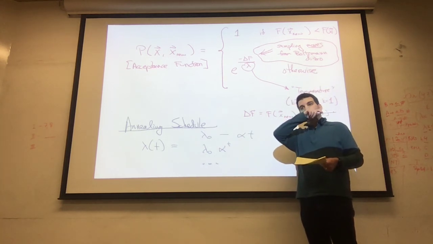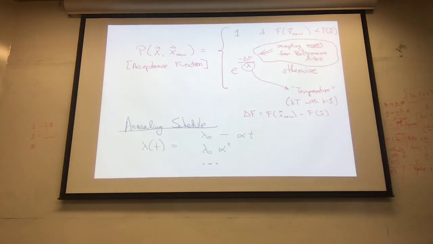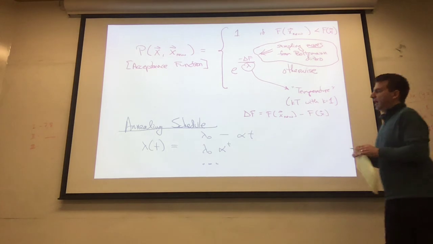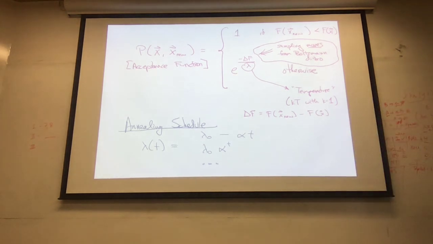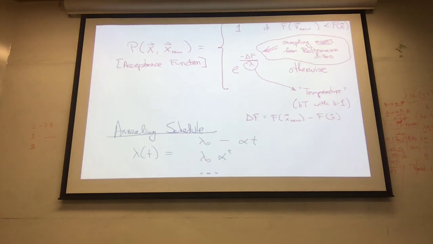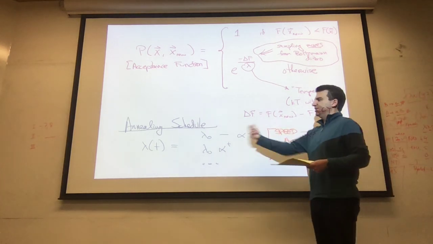Yeah. Is going faster or slower trading off between exploration and exploitation, like we talked about before, or is that just not related? I would say it's trading off between speed and accuracy. So there's a speed accuracy trade-off here. The higher you keep the temperature, the more you're going to be exploring.